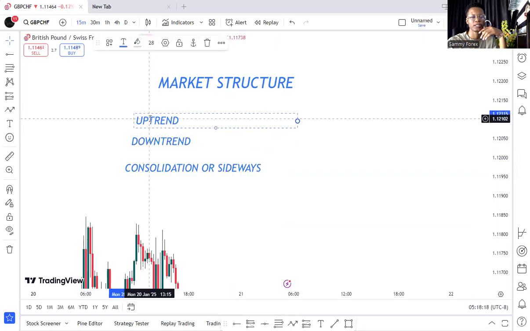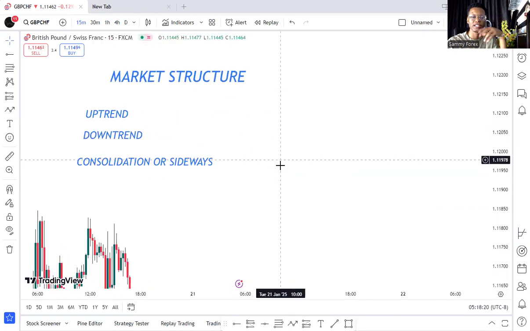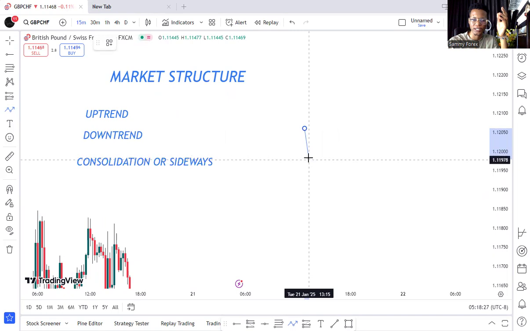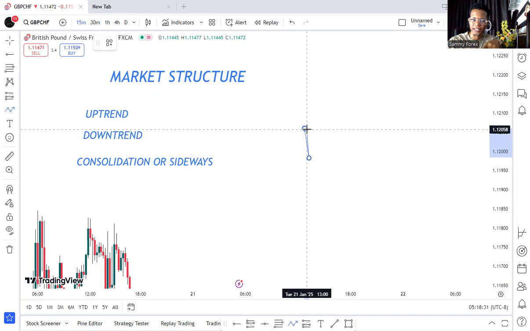This uptrend and downtrend. Whenever market is making an uptrend move, you see price going this kind of move, creating a low and creating a high.